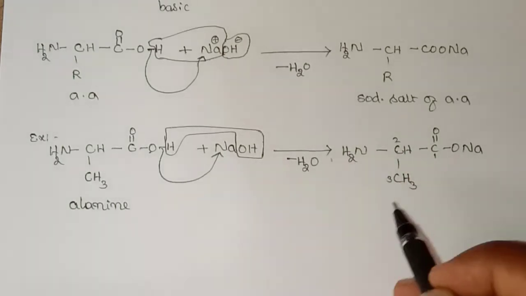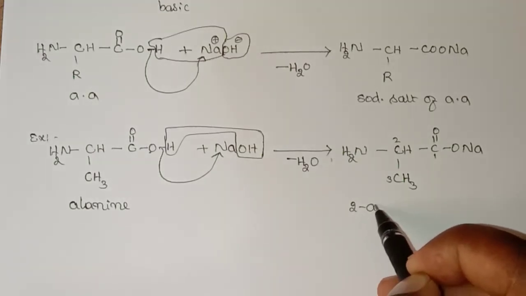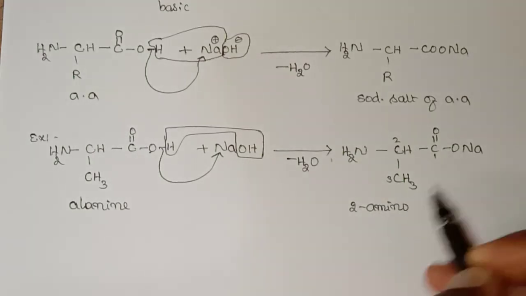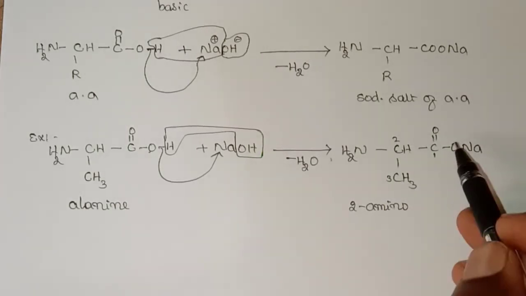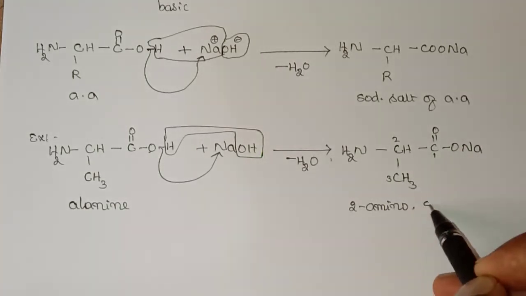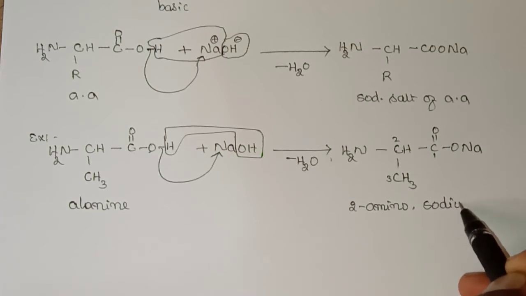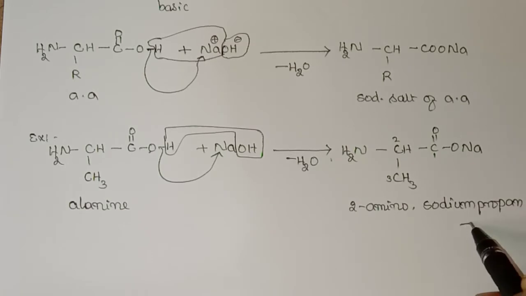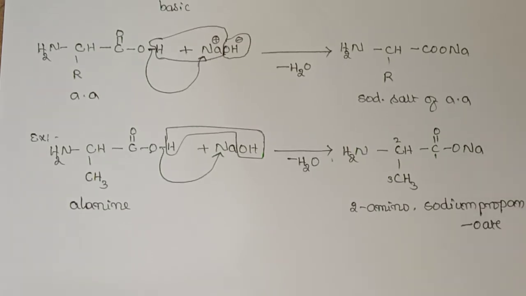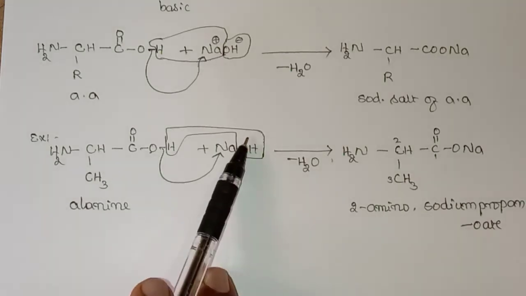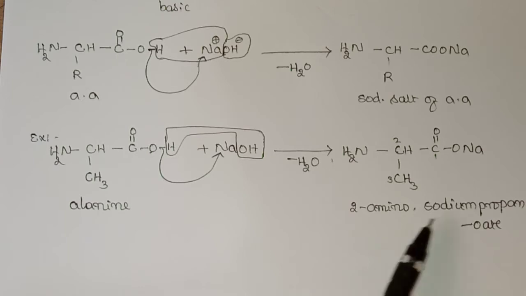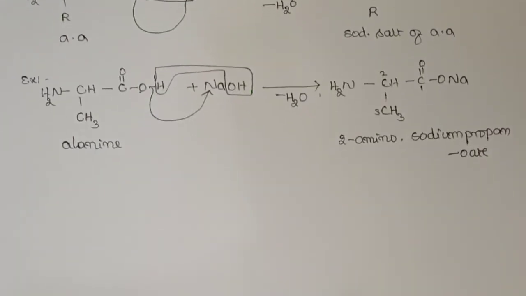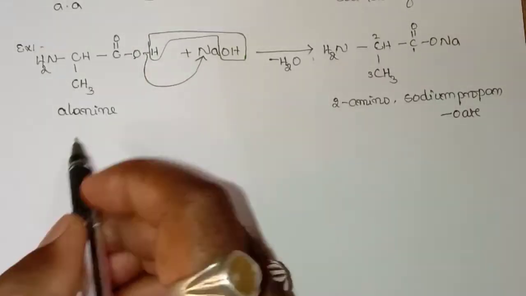So we should call this 2 amino, and 3 carbon atoms are there, and since it is in salt form, sodium propanoate, and the functional suffix for the salt is oate. So the complete name of the resulting product when alanine reacts with sodium hydroxide is sodium 2-aminopropanoate, the simple one.